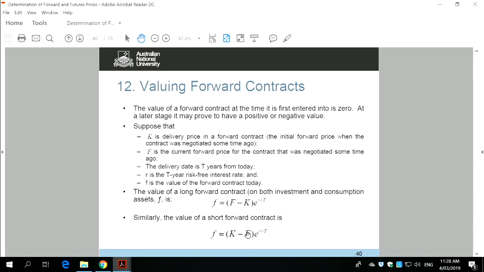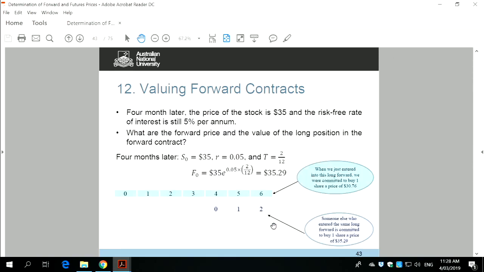Sorry, can you repeat your question? Lowercase f. Okay, good question, very good question. So where does this lowercase f sit, right? This lowercase f sits at this point, 4 months later, right? So imagine the time when we entered the forward is March.